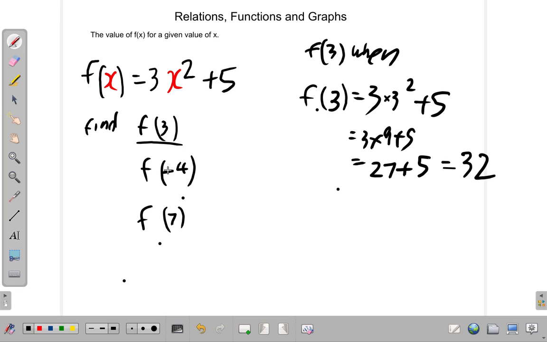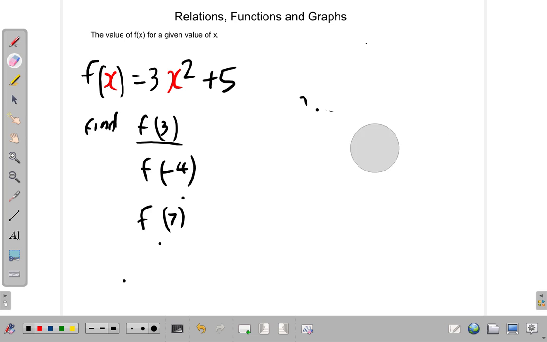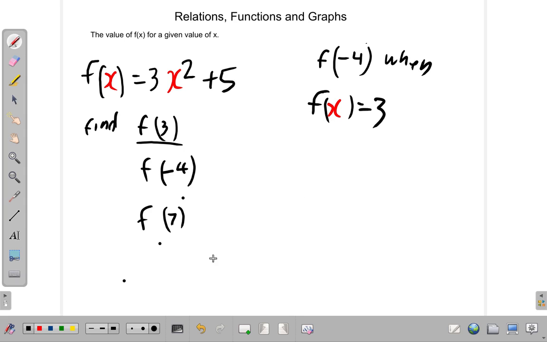Now let us look at f of negative 4. Remember now that we have our f of x. We want to find f of negative 4 when we have our f of x being equal to 3 multiplied by x squared plus 5.